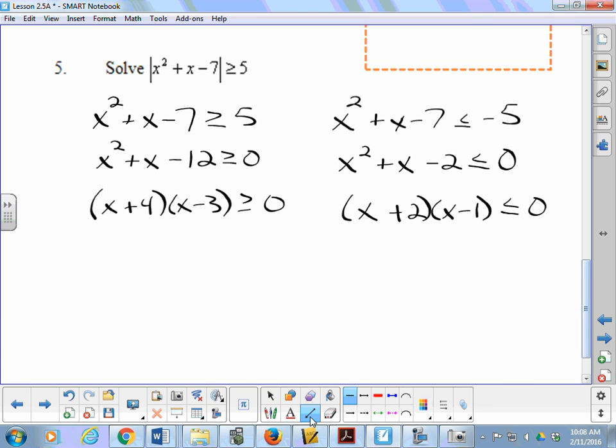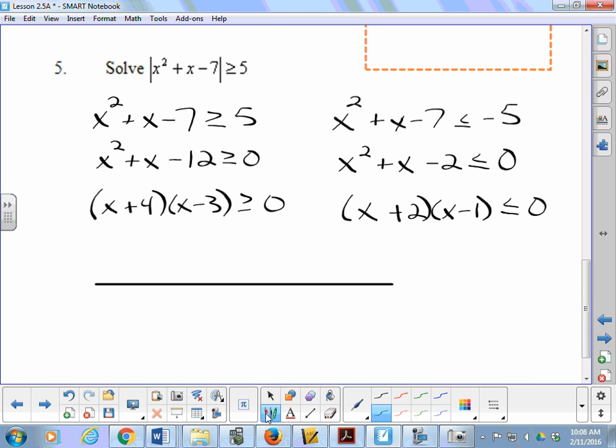So on my number line, I must have all four zeros marked. So we've got -4, +3, -2, +1. So I need to go from -5 to 4.